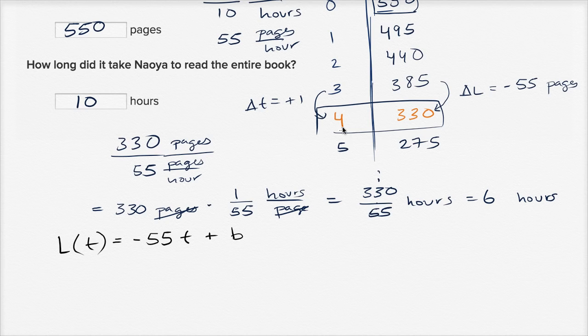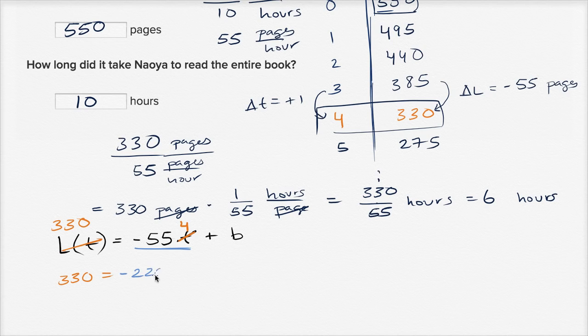We know that when time is equal to 4 hours, the pages left to read are 330. And so you get 330 is equal to, let's see, negative 55 times 4 is negative 220.